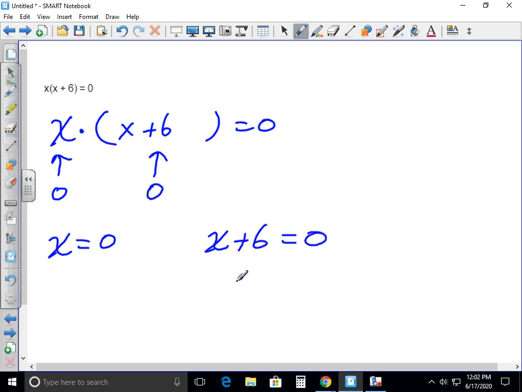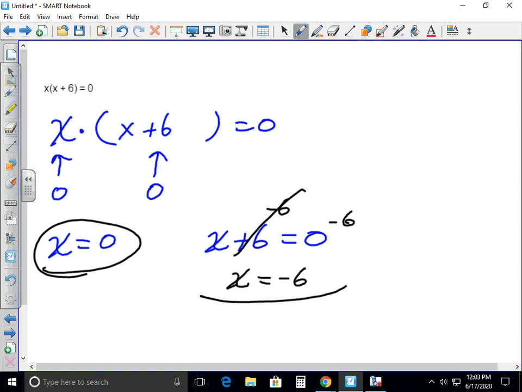On the first one, there's nothing left to do to get x by itself. So 0 is one answer. On the other one, we can subtract 6 from both sides so that those cancel. And our other solution is negative 6. If you were to check, if you were to plug in a 0 or a negative 6 everywhere you have an x, both of those would make that a true statement.